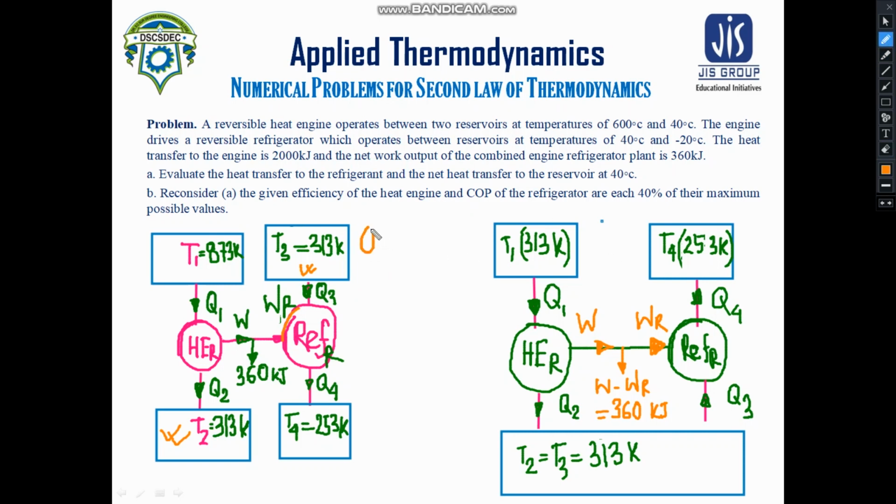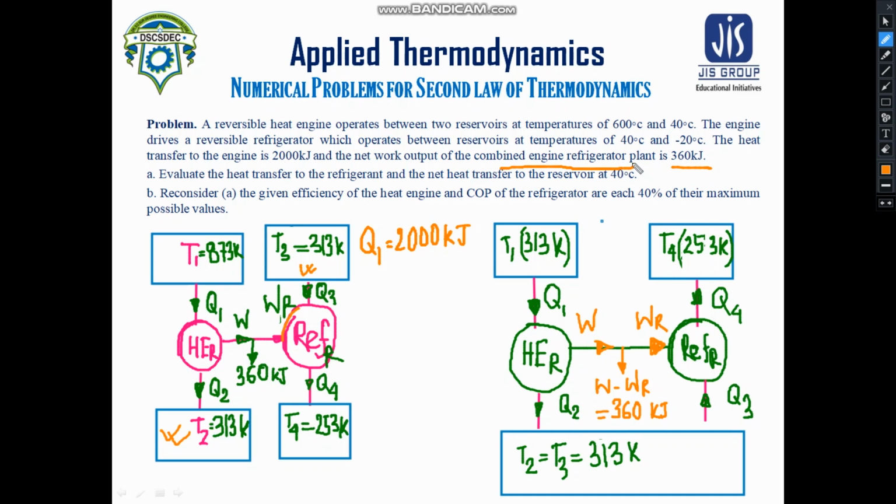So we can write this Q1 as 2000 kilojoule. So writing that. Now continue reading. And the net work output of the combined engine refrigerator plant is 360 kilojoule. Now this is your combined engine refrigerator plant.